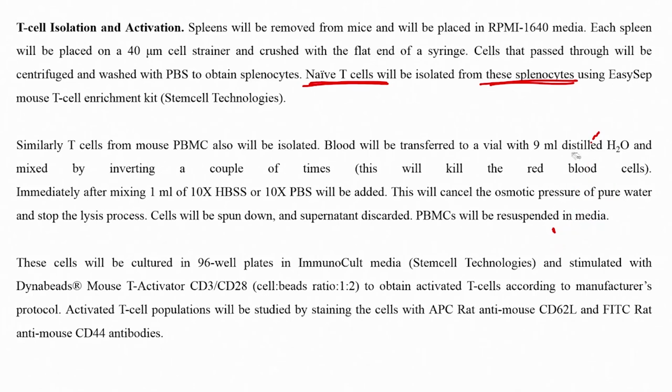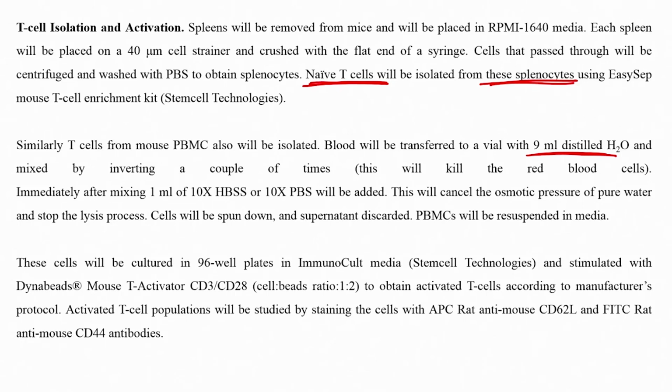So from the spleen we have seen how we can extract T cells. We can also extract T cells from mouse PBMC. In that case, blood will be transferred to a vial with 9 ml distilled H2O and mixed by inverting a couple of times.